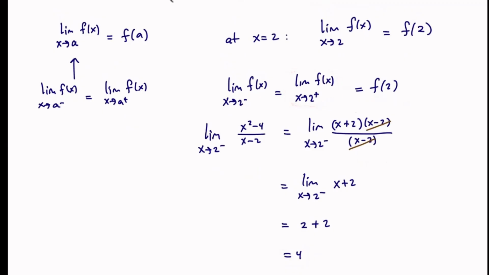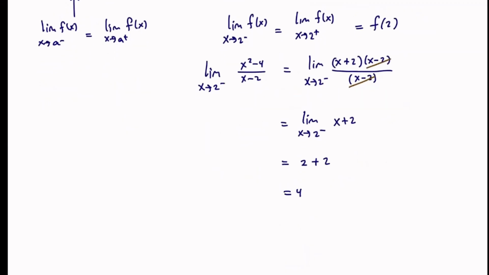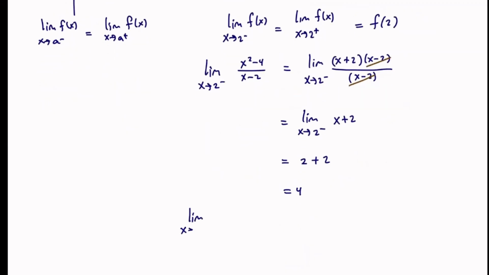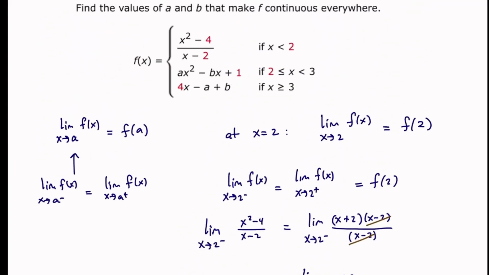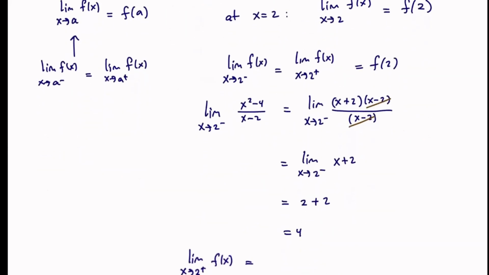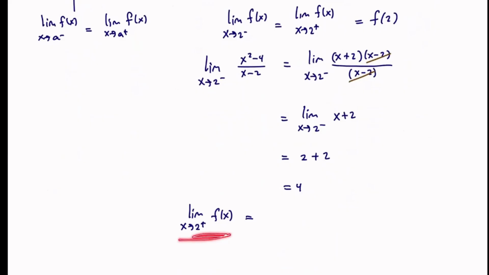Now what do we want? We want this to equal the limit right here, which will be the same as f of 2. So let's go back. We want the limit as x approaches 2 from the right to equal this number 4. If you find the limit as x approaches 2 from the right, that means you plug in a number a little bit bigger than 2. So we're looking at this interval, which means we need to select this function. Note that this will also be the function if f is evaluated at 2, because of that equality. So f of 2 is the same as the limit as x approaches 2 from the right.